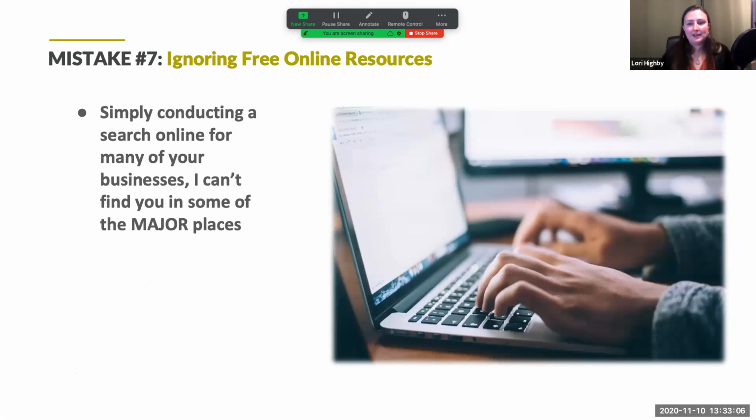Okay, number 7. This is the last mistake, and we're talking about how business has changed a little bit. So, ignoring free online resources. At the end of the day, there's a ton of tools that are available online to help you maximize exposure online, social media being one of them.